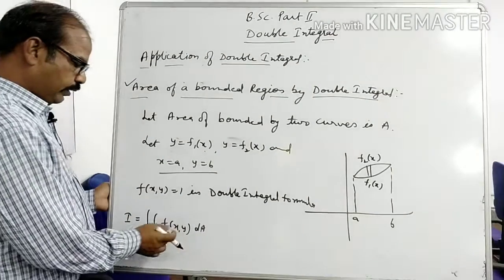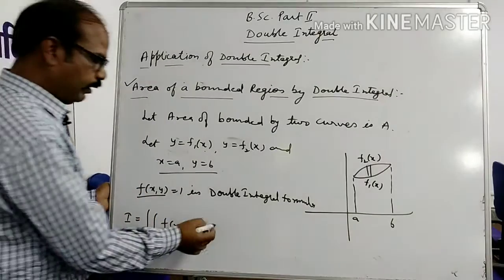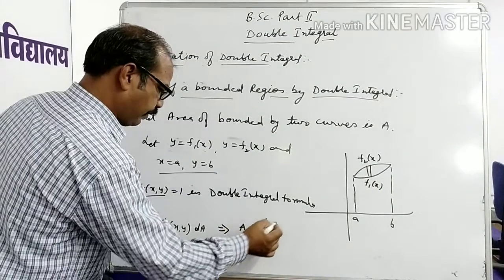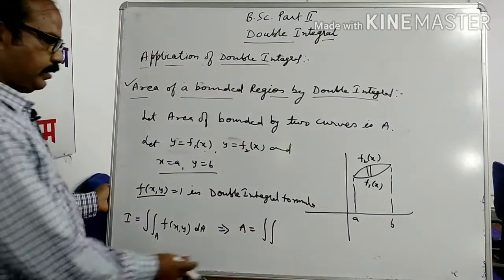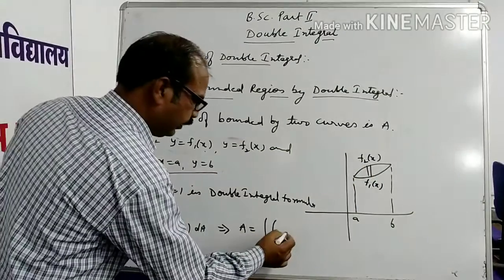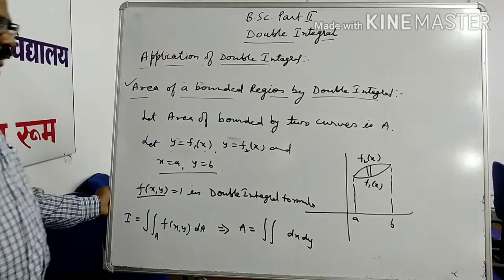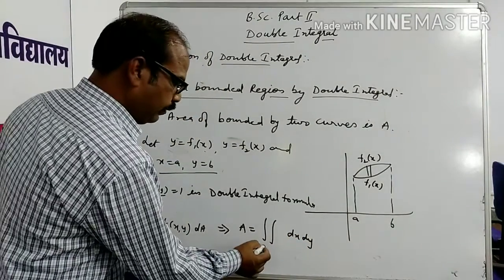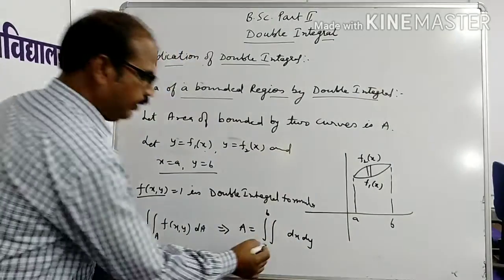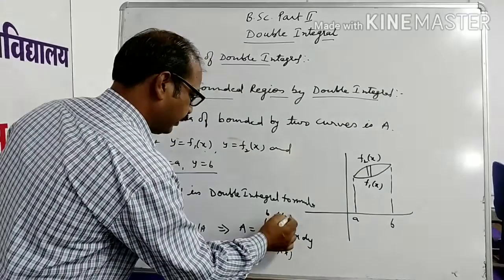So if we substitute f(x,y) equal to 1, then we will get the area bounded by the given region. It is dx dy and the limits are, the limit of x is from a to b and the limit of y is f1(x) to f2(x).